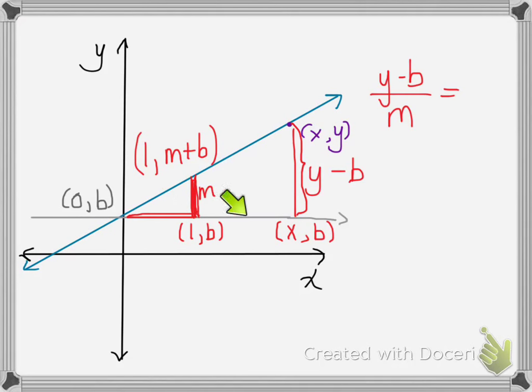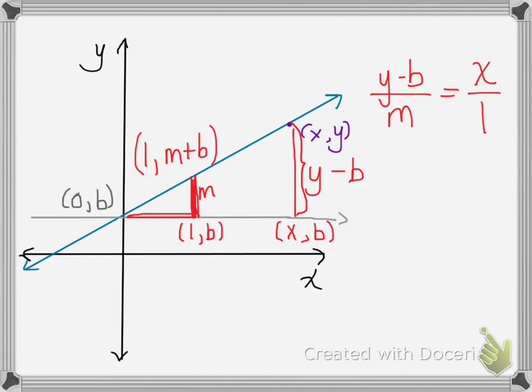Now we can write the ratios for the horizontal distances. From this point back to the y-axis is going to be a distance of x. So we've got a distance of x there, and this distance again is 1.